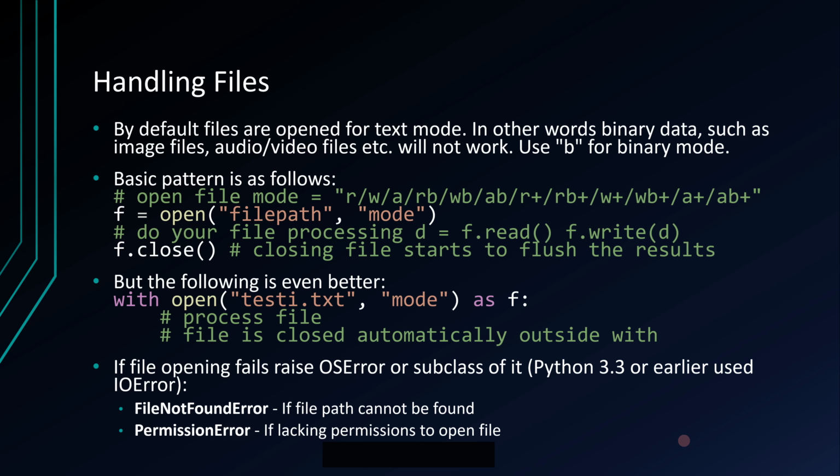The basic pattern for file handling in Python is that first you open, and you provide the path where you open the file. Notice that while you write this file path, I recommend you always use the slash and not backslash, even if you are using the Windows operating system, because in Windows this pretty much works as a replacement of backslash as well.